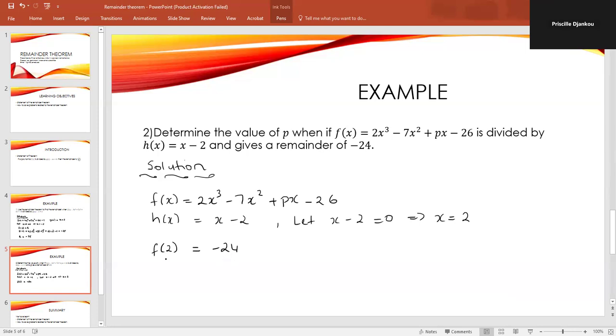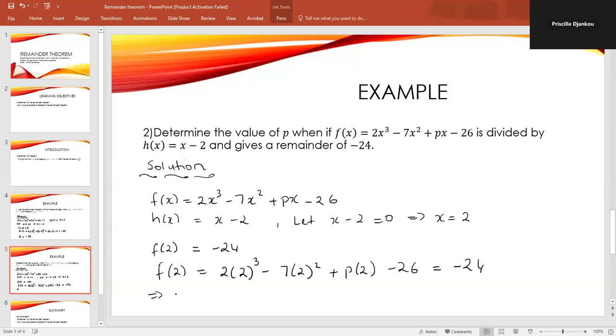Now that we know that f of 2 equals minus 24, we now need to substitute 2 into this function and equate that substitution to minus 24 and then find the value of p. So we're going to have f of 2, which equals 2 times 2 to the power 3 minus 7 times 2 to the power 2 plus p times 2 minus 26. According to the remainder theorem, this should be equal to minus 24.